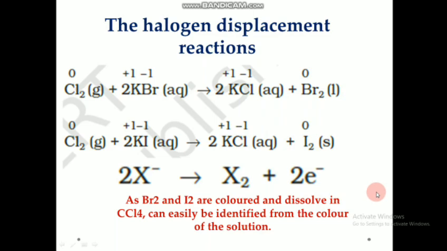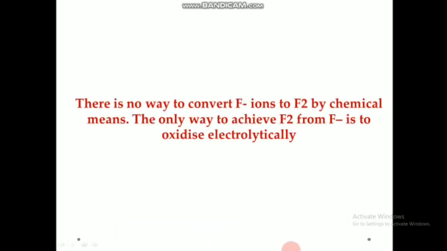We told that fluorine displaces chlorine, bromine, iodine. Bromine displaces iodine. Chlorine displaces bromine and iodine. What about the displacement of fluorine? We are not telling that, because it is not possible. The displacement of fluorine is not possible chemically, because fluorine, being the most electronegative element, has the maximum ability to accept electrons.